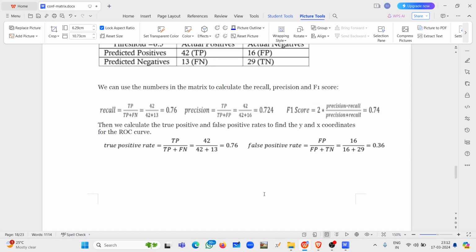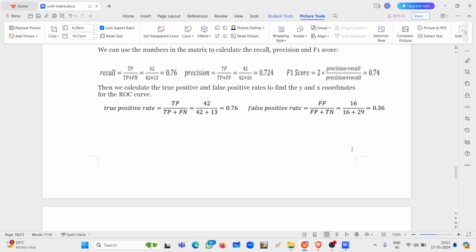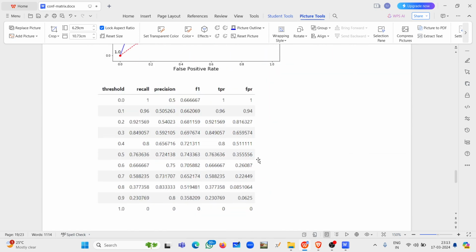From this, if you calculate the recall, precision and F1 score, you see it is coming 76%, 72%, 74%. Most probably this is the best one, because recall is good, precision is good, F1 score is also good, and the true positive rate is also coming 76% and the false positive rate is also coming 0.36%.